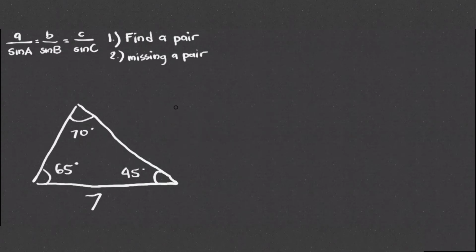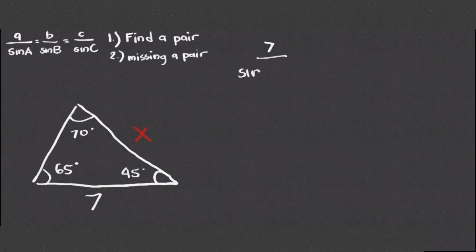And now to solve, let's first find a pair. So the pair is 70 degrees and 7. And next is to find a missing pair. So the missing pair are the 65 and 45 degrees. So both of them are missing their pair. So in this case, let's try to solve for the pair of 65 degrees. Let's call it the x.